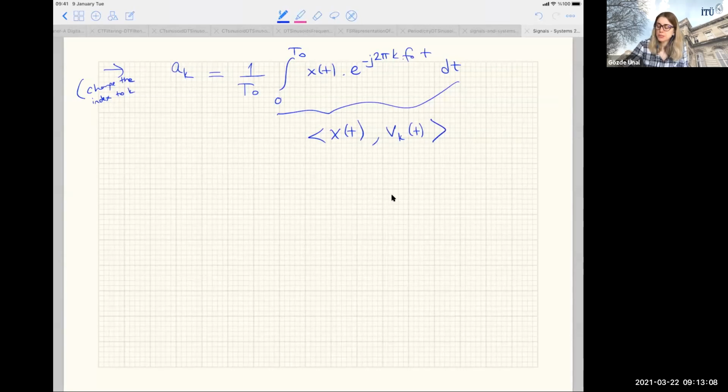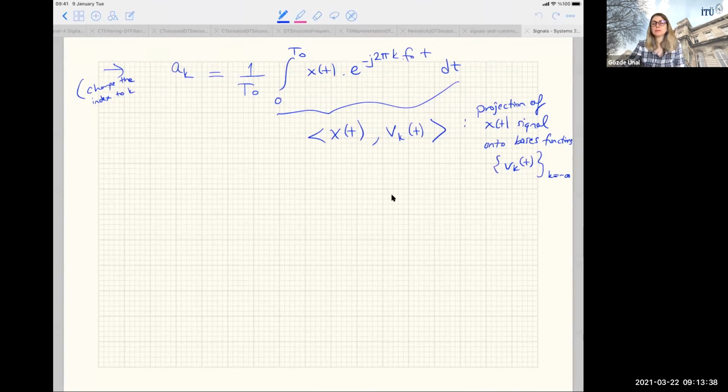This is the projection of our signal x of t onto basis functions vk. Okay? k from minus infinity to, I mean, typically in real life we take a finite number, of course, but minus infinity, let's write it nicely.